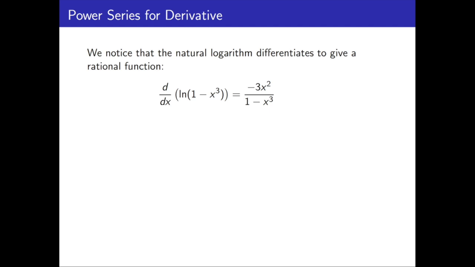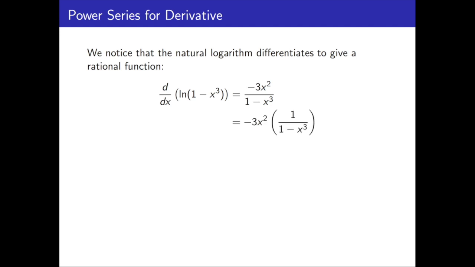So when we differentiate the natural logarithm, we get 1 over 1 minus x cubed, and then we multiply by the derivative of the 1 minus x cubed, which is negative 3x squared. We'd like to put this in the form 1 over 1 minus something.